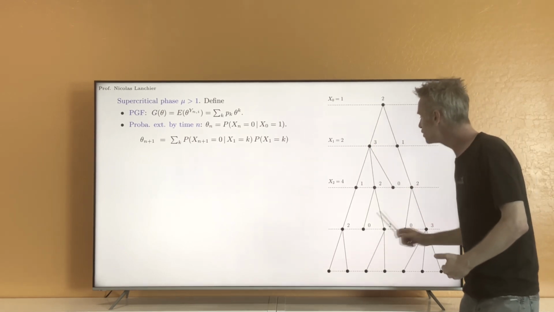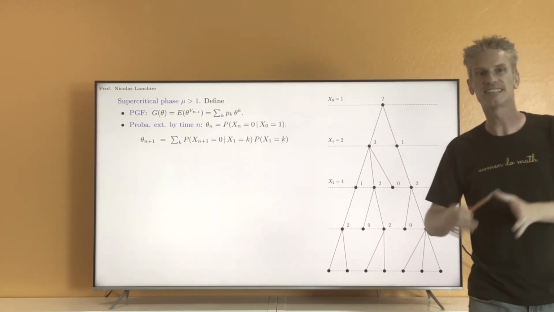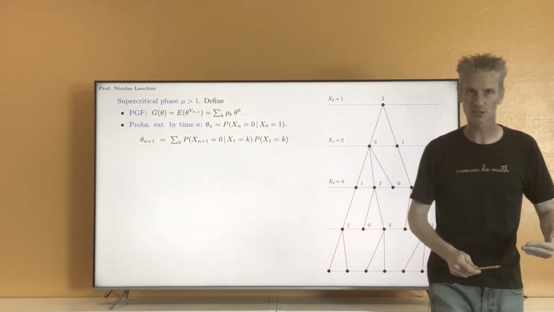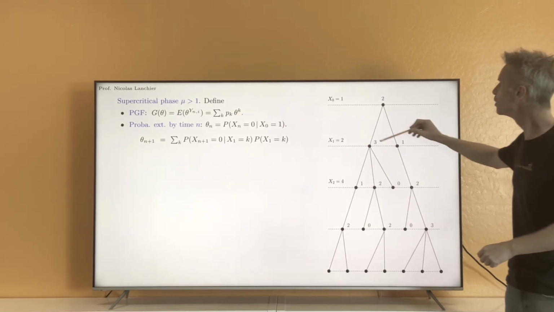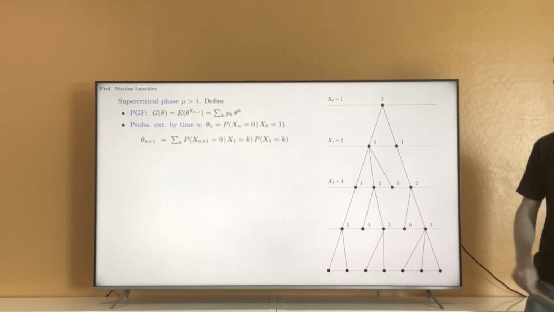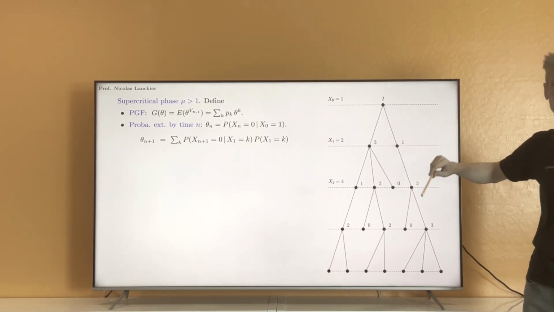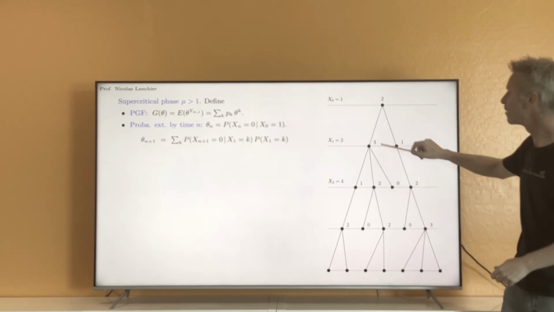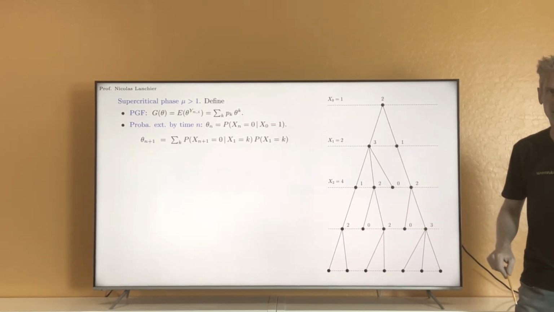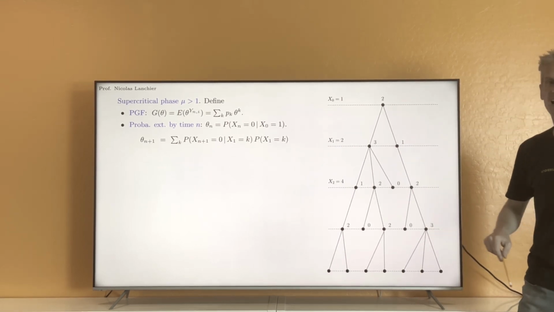Because each of those 2 trees is like a Galton-Watson tree, independent and generated by the same offspring distribution, the probability of extinction by time n plus 1, given that we start with 2 offspring for the first individual, is exactly the probability that this tree dies out in less than n units of time, times the probability that this tree dies out in less than n units of time.